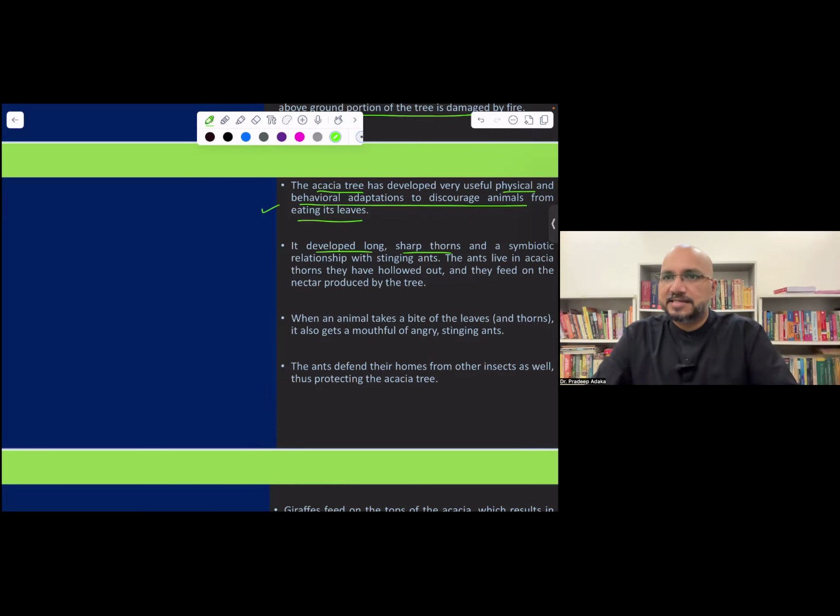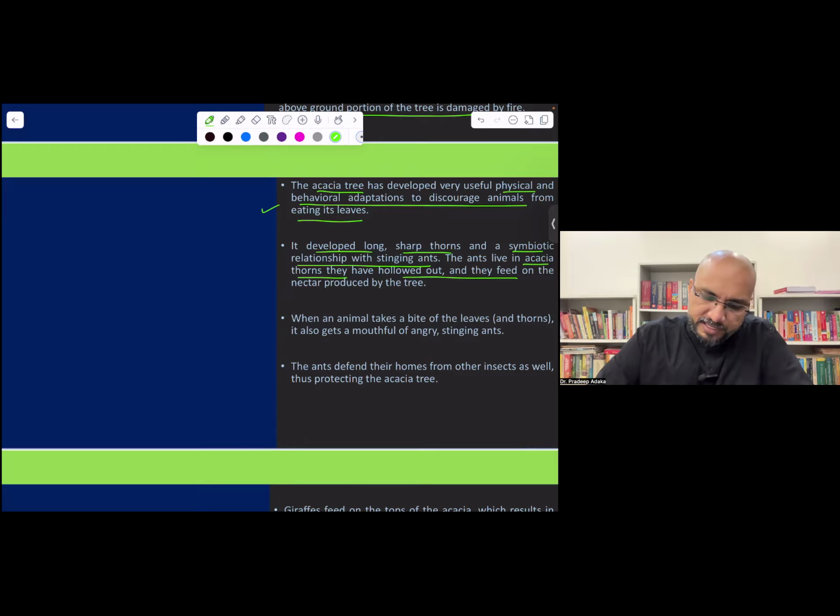Second is ants, which are in a mutual, symbiotic relationship with the plants. Ants live in the acacia thorns. They will hollow them out, they will empty them, and they feed on the nectar produced by the tree.